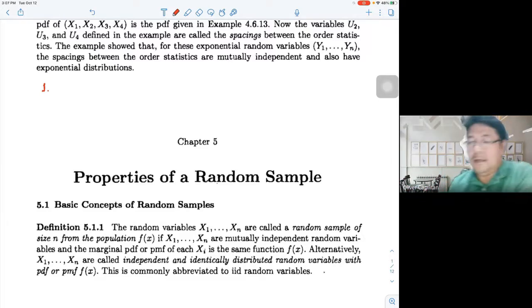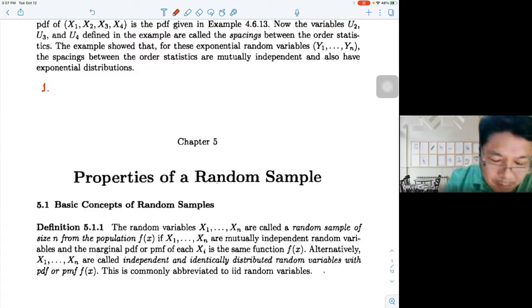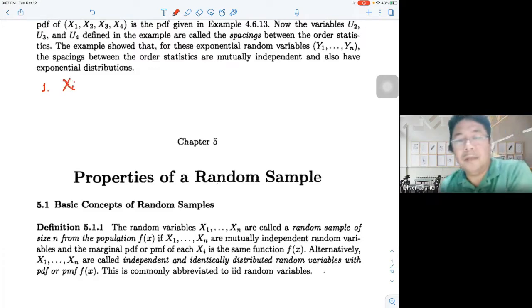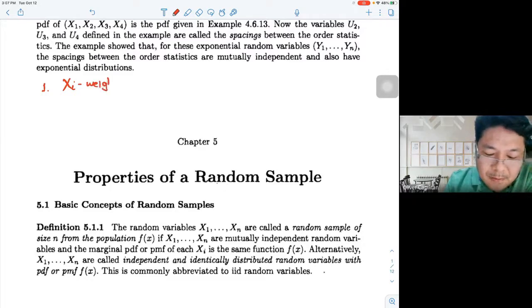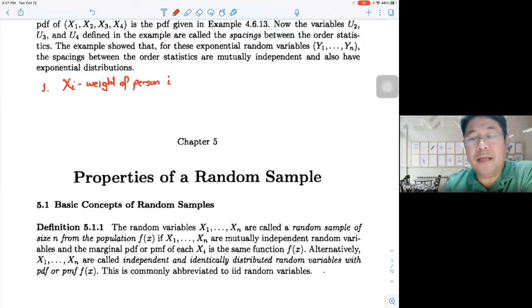Say we let x sub i be one characteristic of a person or an individual. Say we have the weight of person i. Since we want to obtain n observations, i is from 1 up to n.